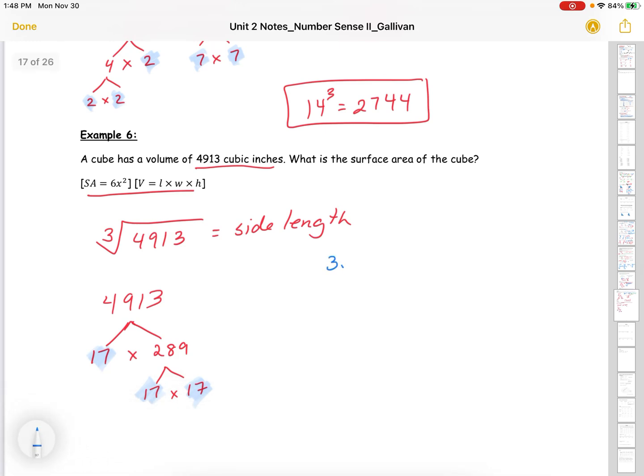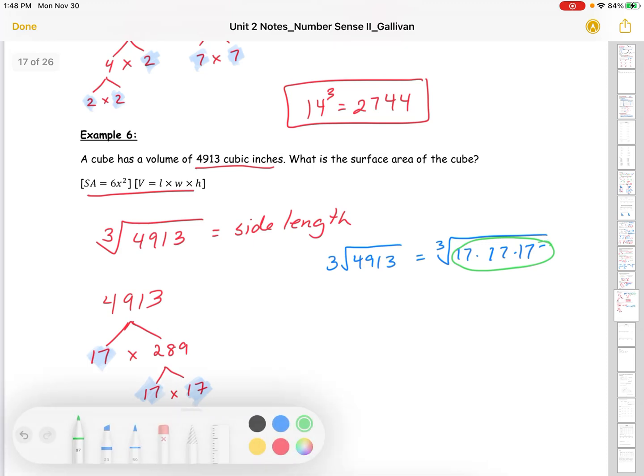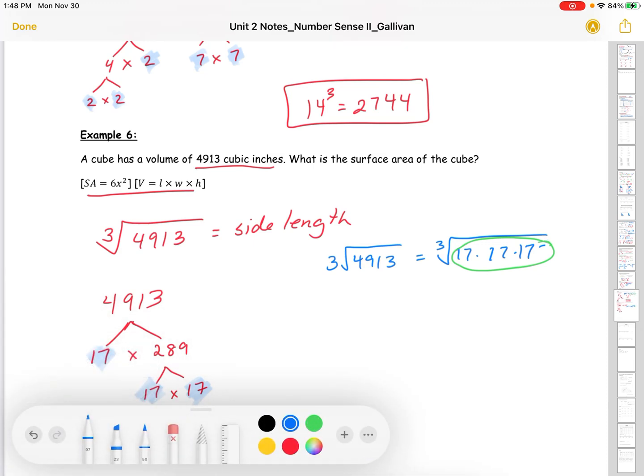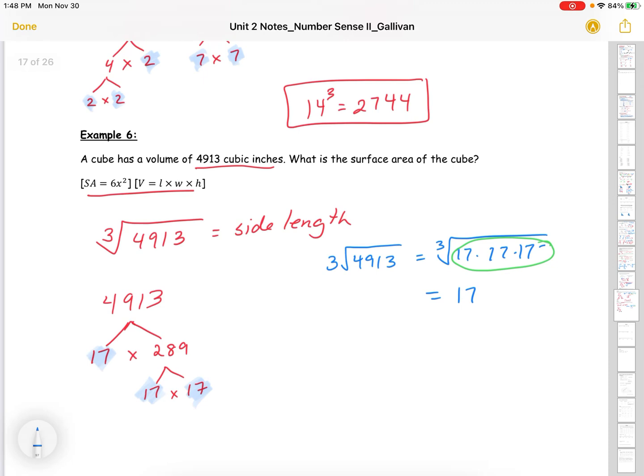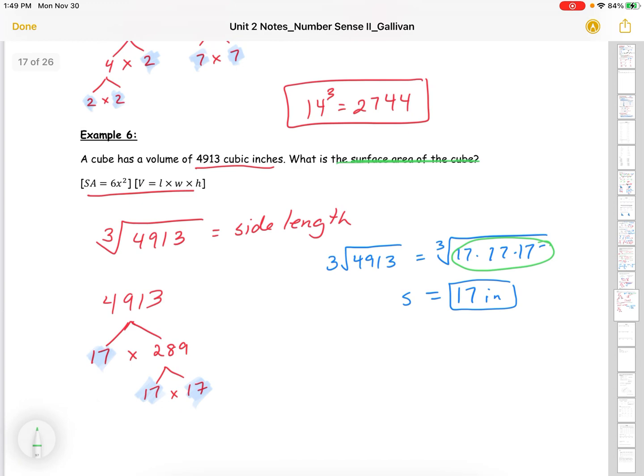So what that tells me is the cubed root of 4913 is equal to the cubed root of 17 times 17 times 17, right? So we circle our triplets. So that means it's equal to 17. And it would be inches. So that's a side length. Now that's just the first part. The question actually wants us to find the surface area of the cube.